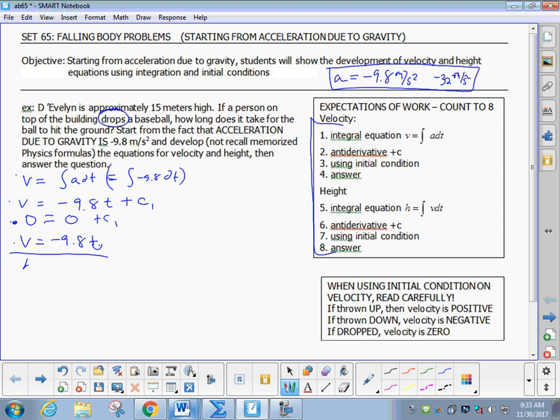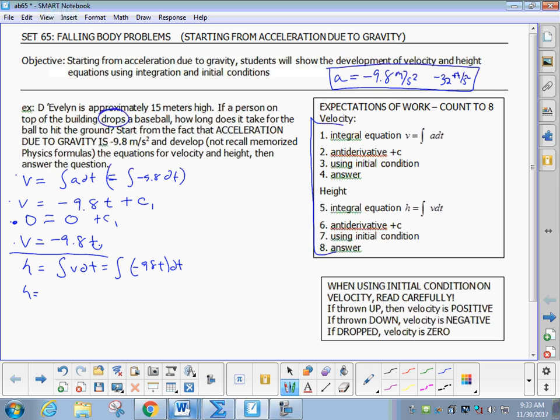What's the height relationship to velocity? The integral or the antiderivative of velocity, or the antiderivative of negative 9.8 t with respect to time. What is the antiderivative of negative 9.8 t? Negative 9.8 is just a constant, so it stays up front.